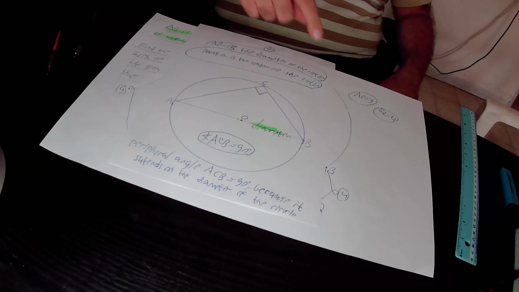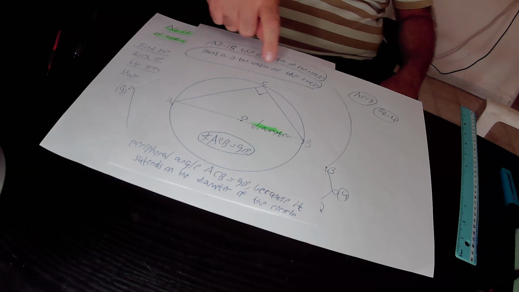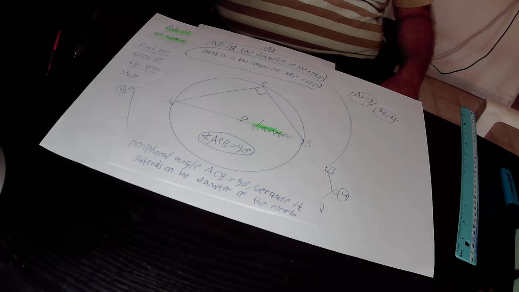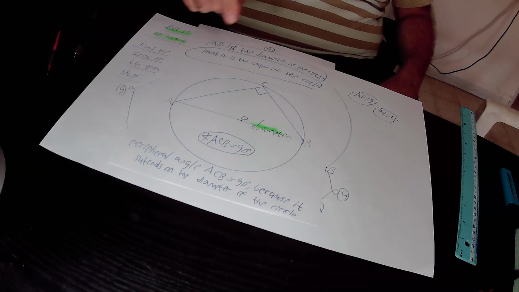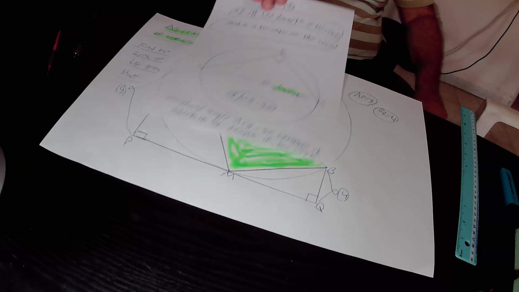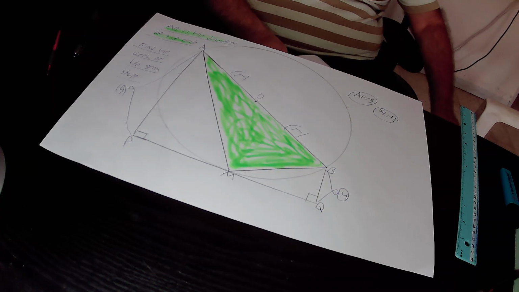In the drawing, we have a circle. This is peripheral angle ACB that subtends chord AB, which is the diameter of the circle, and according to rule 7, peripheral angle ACB must be equal to 90 degrees. So we can implement rule 7 in our drawing.